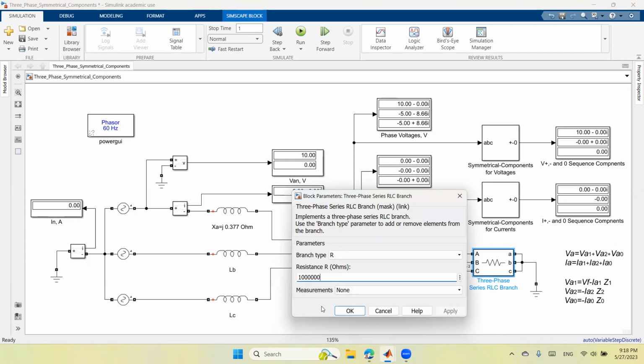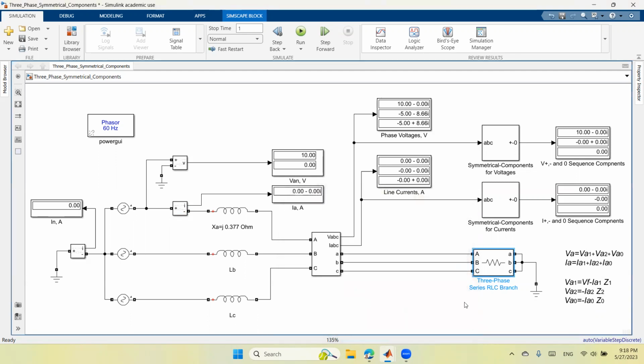I'm not simulating a normal current, but of course, if I leave it open circuit, MATLAB Simulink will not accept it. So I need to have some large value to simulate something near to the open circuit. And here, as you see, I have again a ground. So this load is connected in Y, and it's connected to ground.